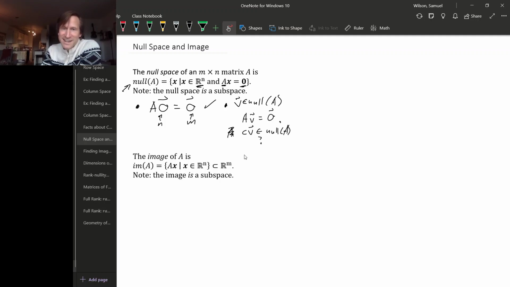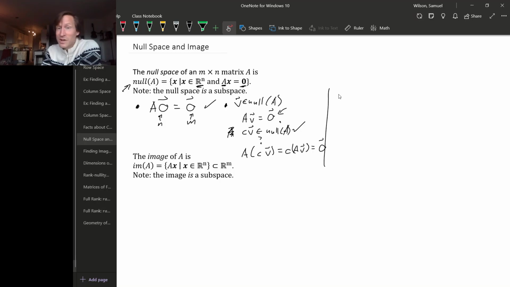Well, let's check. If we multiply this vector on the left by A, do we get the 0 vector? Well, remember, matrix multiplication associates and commutes with scalar multiplication, so we can move this scalar out front and stick parentheses over here. But A times v, we said, has to be the 0 vector, so this is c times the 0 vector, that's the 0 vector. So c times v is in the null space.